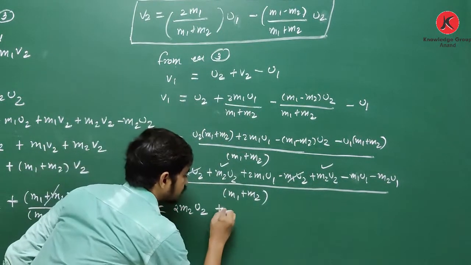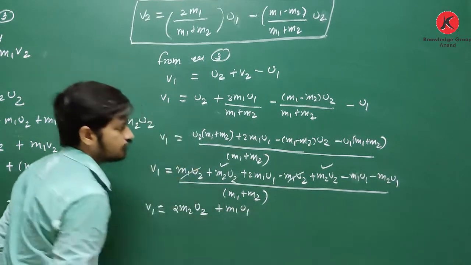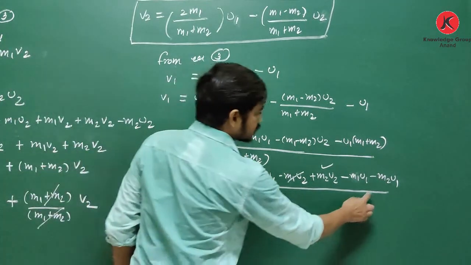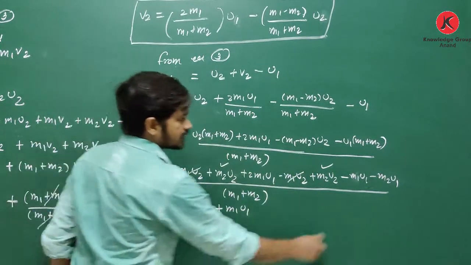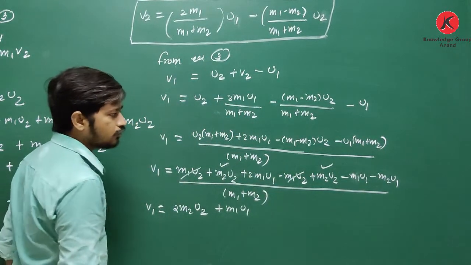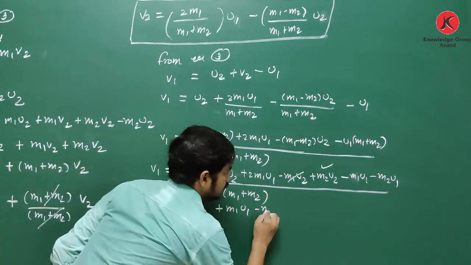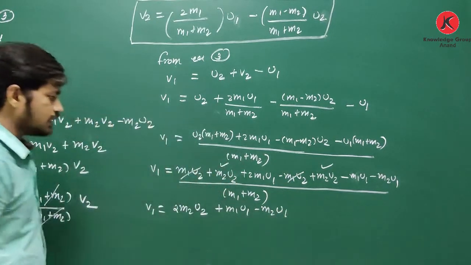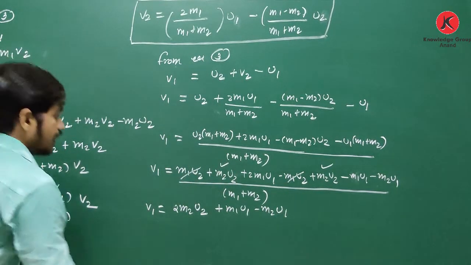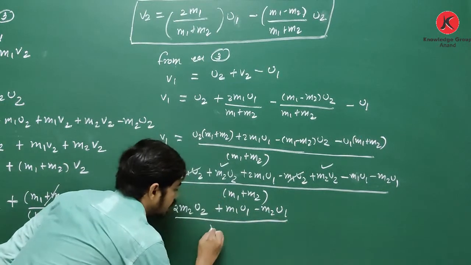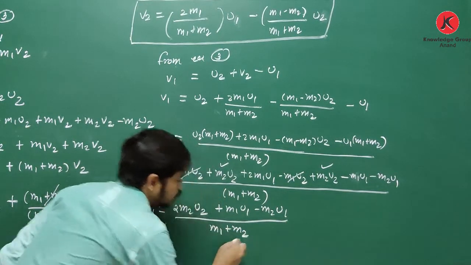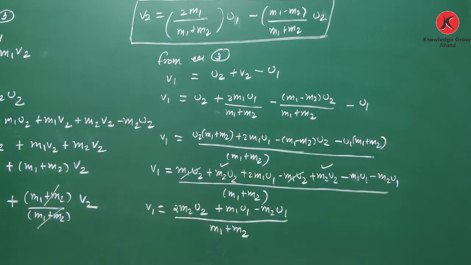So I can write this as plus M1 U1. And this last term is minus M2 U1. Clear about this? Divided by M1 plus M2.